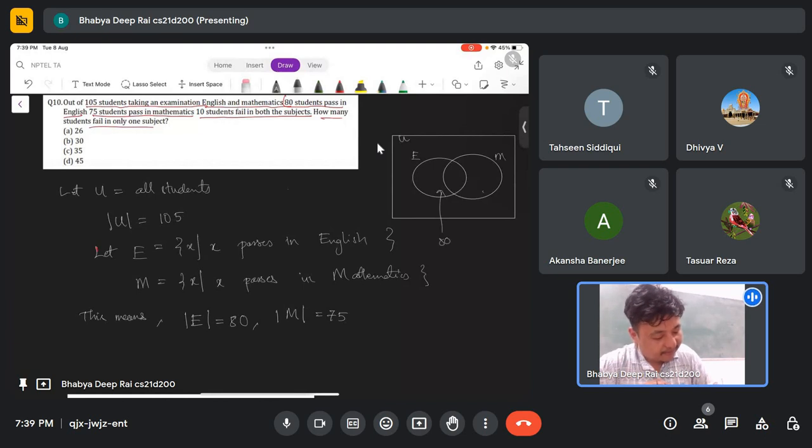How many students here? 75. 10 students fail in both the subjects. You see that these are the students who pass in both the subjects. These are the students who pass in English but not in mathematics. These are the students who pass in mathematics but not in English.